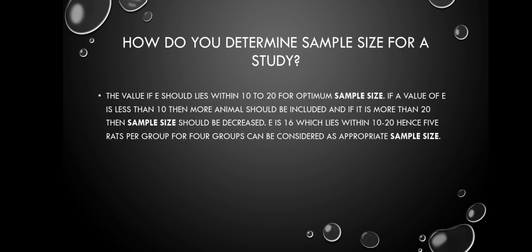Here E is 16, which lies within 10 to 20, hence 5 rats per group can be considered an appropriate sample size. So this is all about how you determine sample size for a study.